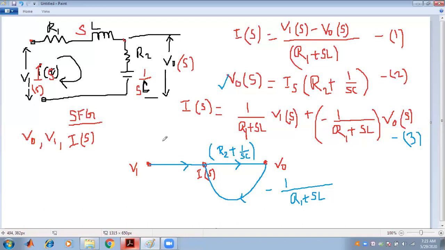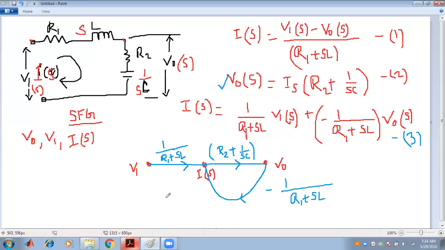In order to find the total signal flow graph, first we have to consider how many nodes there are, because the graph is totally dependent on the nodes. So the number of variables is the number of nodes, so that we can easily find the value using the signal flow approach.